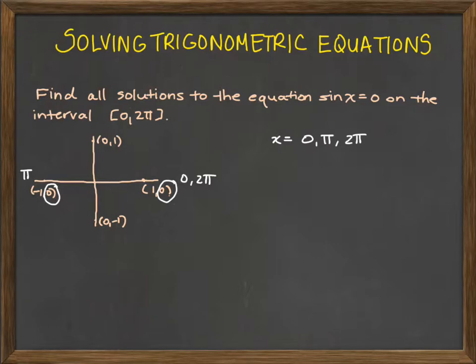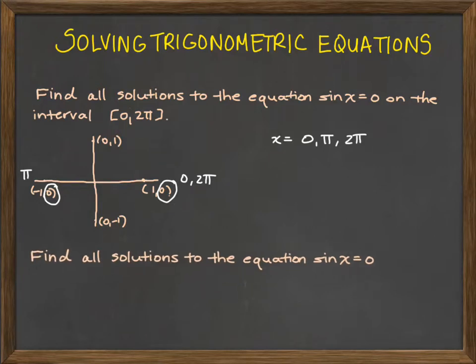Now, what if we had asked the question differently? What if we were asked to find all the solutions to the equation sine of x equals 0 for all x? When it says for all x, we want a general solution, not just something within a specific interval. So we're starting off at 0, and then the next time sine of x is 0 is at pi, and then the next time it's at 2 pi. So our solutions are going to be x equals 0, pi, 2 pi.